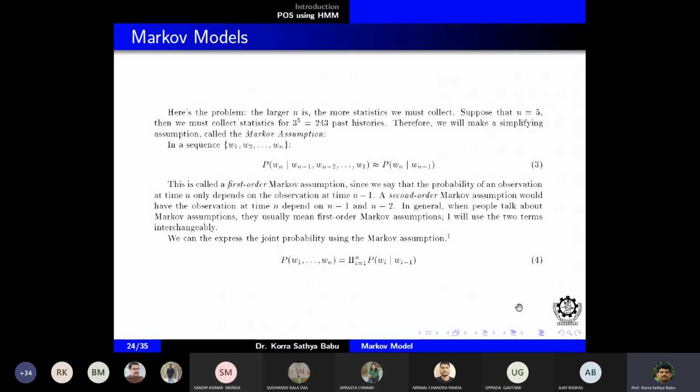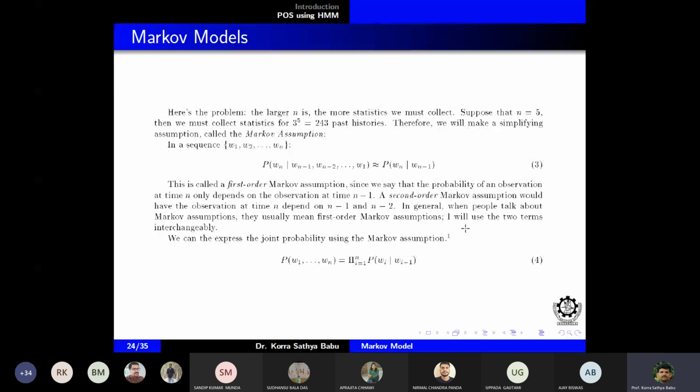Suppose yesterday was foggy, what would be today's weather? Yesterday was sunny, what would be today's weather? Yesterday was rainy, what would be today's weather? That is what we are interested in. So this is called the first order Markov assumption.